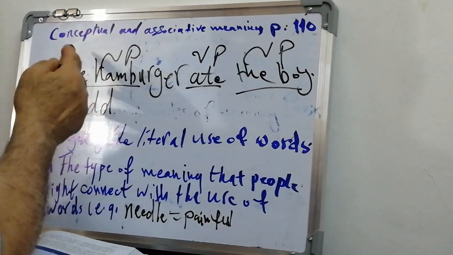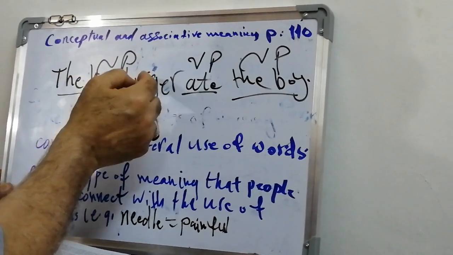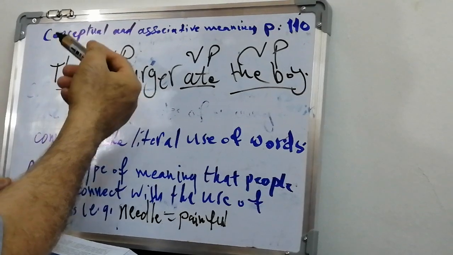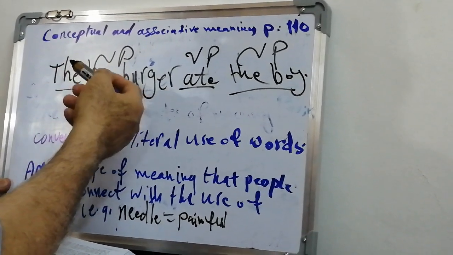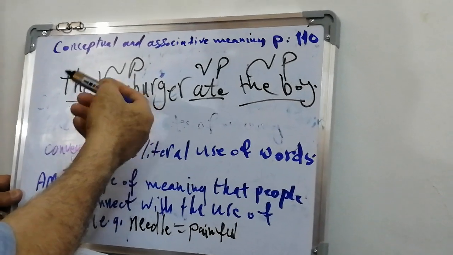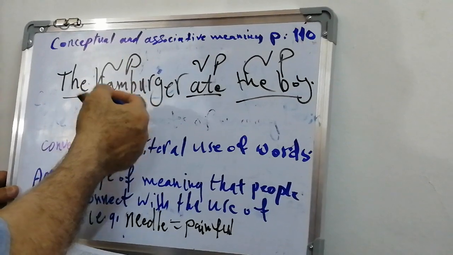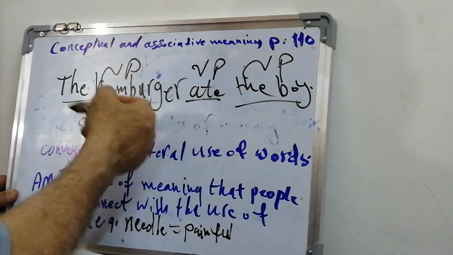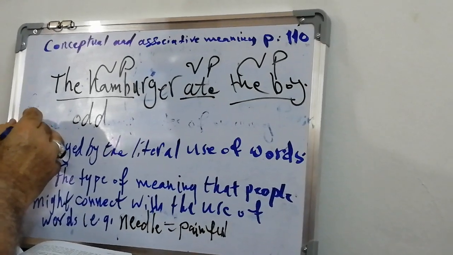It is odd because of the conceptual meaning of the word hamburger. So why should we know conceptual meaning? Conceptual meaning also helps us avoid using semantically odd sentences.